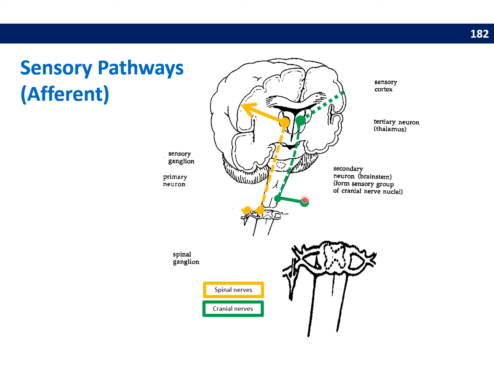Cranial nerves, however, the primary neural cell body is located outside of the CNS, and from there it projects onto a secondary sensory nucleus in the brainstem, and from there to the thalamus, and then again to the sensory cortex.